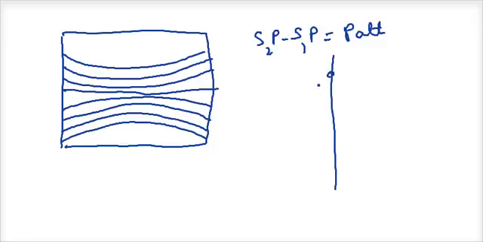Now, here what are we doing? We are saying that S2P minus S1P is equal to the path difference. We have drawn these points in such a way that the difference of distance from two fixed points is the same. What will be the locus? That will be a rectangular hyperbola.